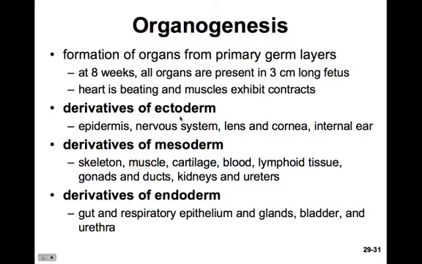And the endoderm will give rise to the gut and respiratory epithelium and the glands, the bladder, and the urethra. So basically, the ectoderm gives rise to everything on the outside of the body, and the endoderm gives rise to all the tubes on the inside of the body, and the mesoderm gives rise to everything in between.